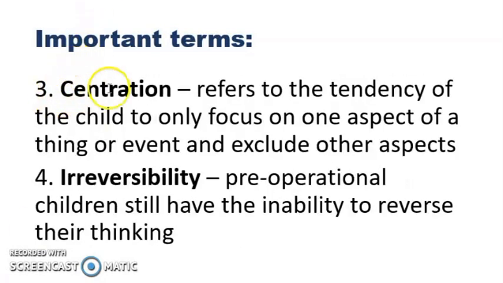Number 3 is centration. This refers to the tendency of the child to only focus on one aspect of a thing or event and exclude other aspects. So when we call an event as centration to the child, okay? Let's say I have here a child in front of me. I will give you a scenario.